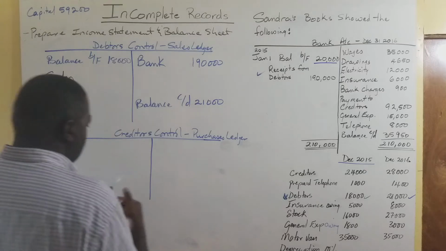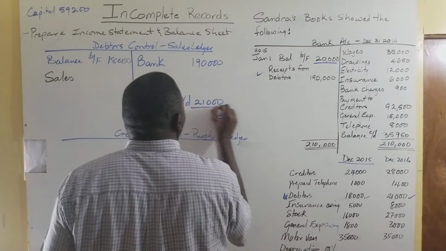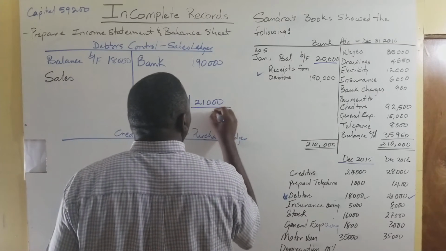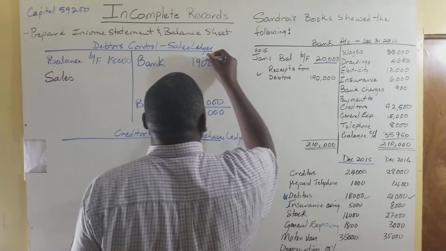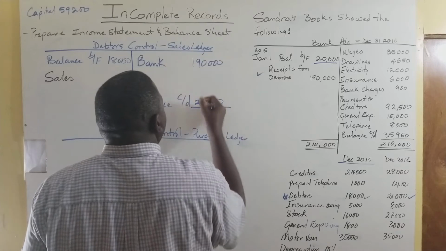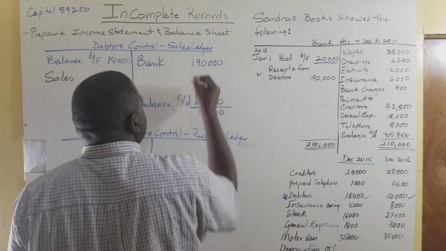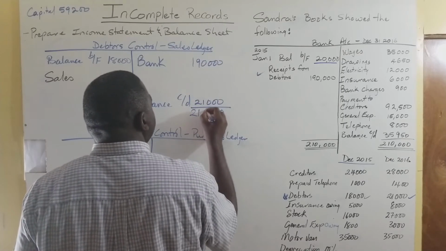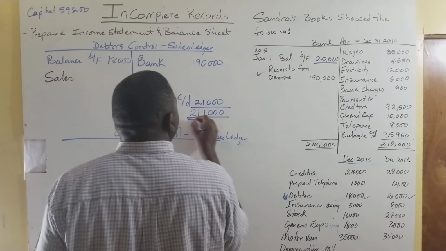Okay. So let's do that now. This is going to be 1, 9 plus 2 is 11, and that's 2. That's 211,000.